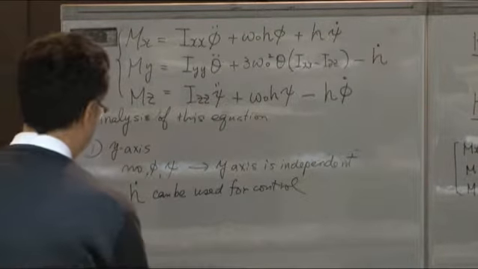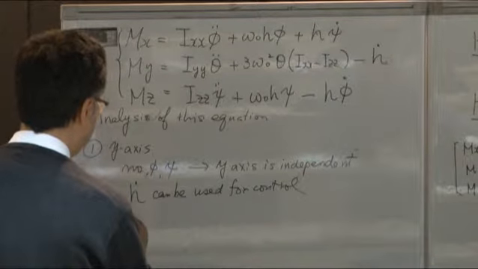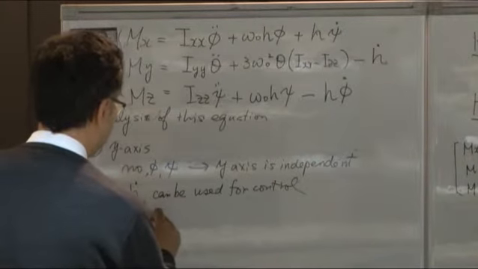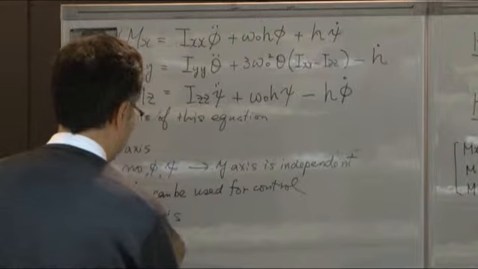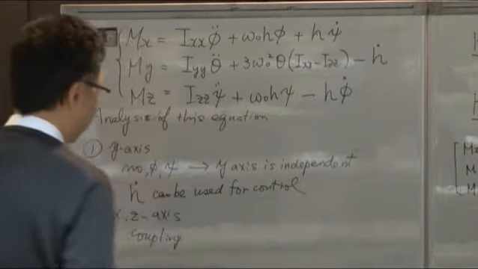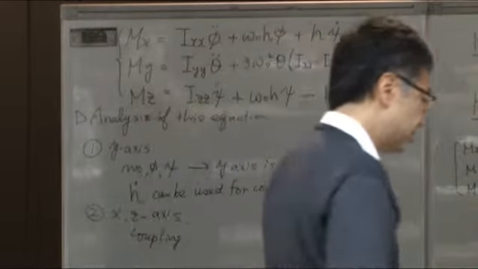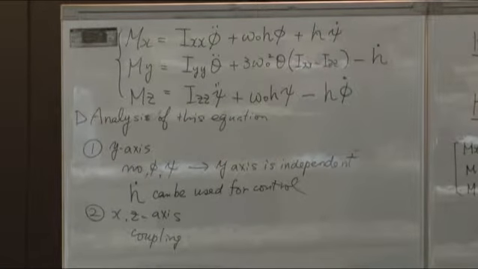On the other hand, the x and z-axis have some coupling. As I said, the x and z-axis have coupling because of the rotational speed around the y-axis, that is omega 0.